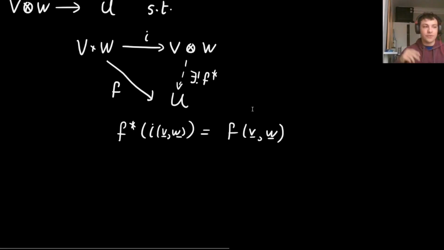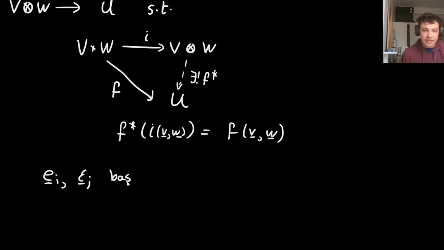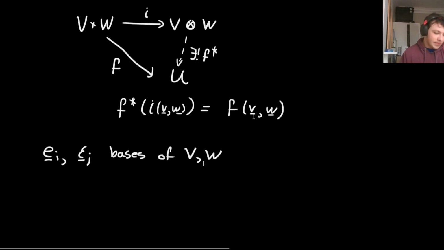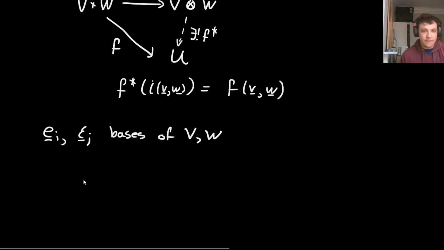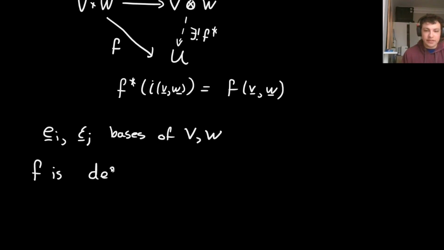Now let's prove that the tensor product we talked about earlier is the tensor product. Let e_i and epsilon_j be bases of v and w. Then we can define f star by its action on the basis. First of all, f is defined by its values f on e_i, epsilon_j.